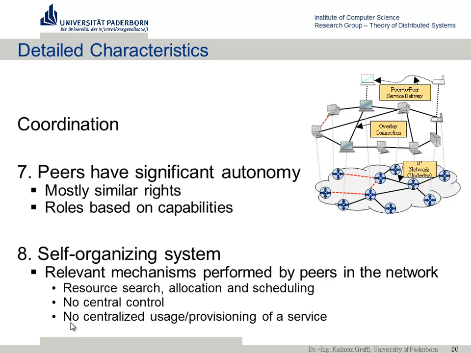Okay, the last 2 points of the detailed characteristics that go beyond the general terms of distributed service systems is that peers have also significant autonomy. So they have mostly similar rights, but they also can do what they want. It's just assumed that they comply to the protocol.